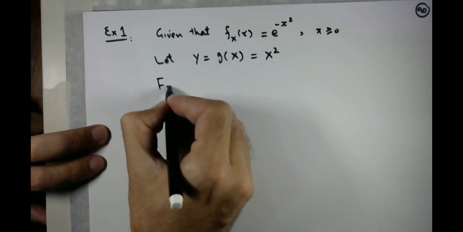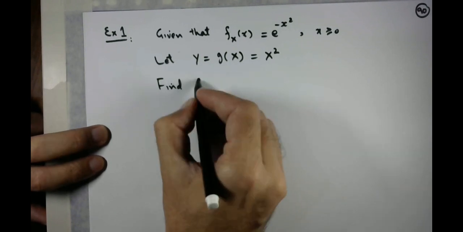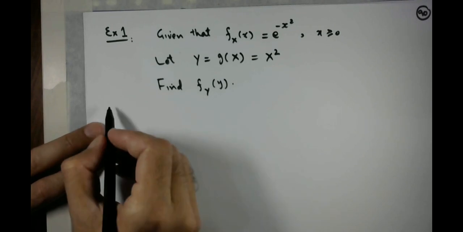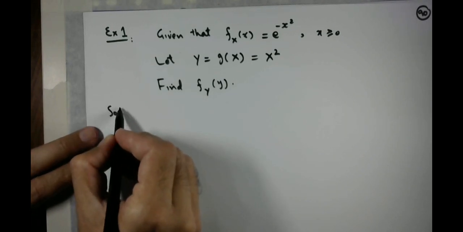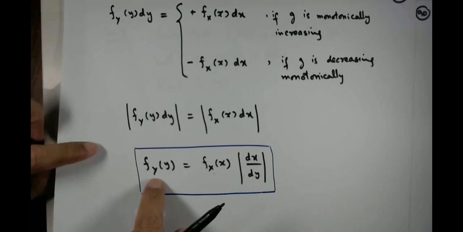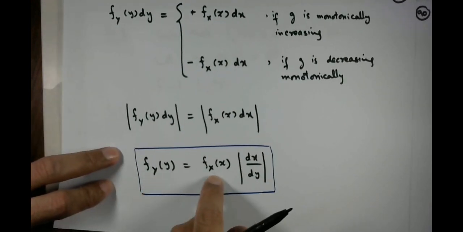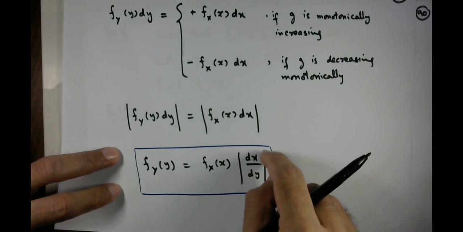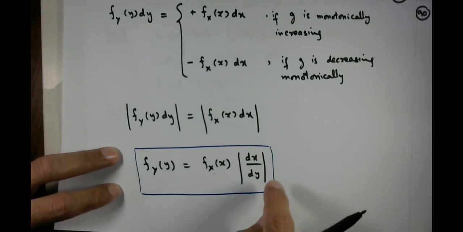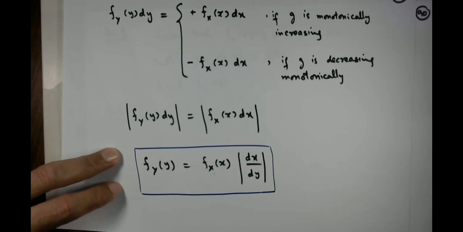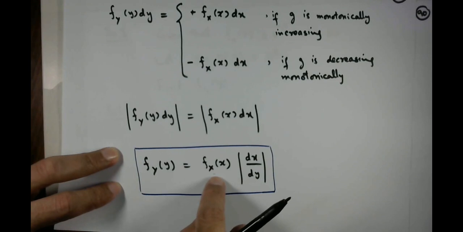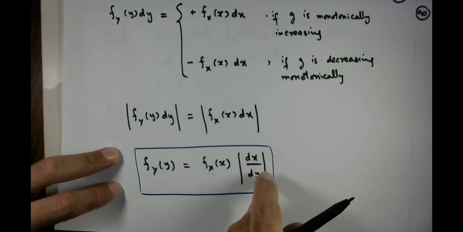So we are asked to find the PDF of y. How can we approach this solution? This is simple. Remember, the PDF of y is basically the PDF of x times the absolute of dx over dy. If everything is positive, then you don't even need to put the absolute. So the PDF of y is equal to the PDF of x times dx over dy.